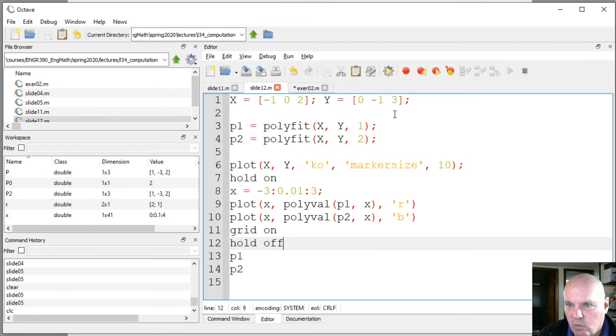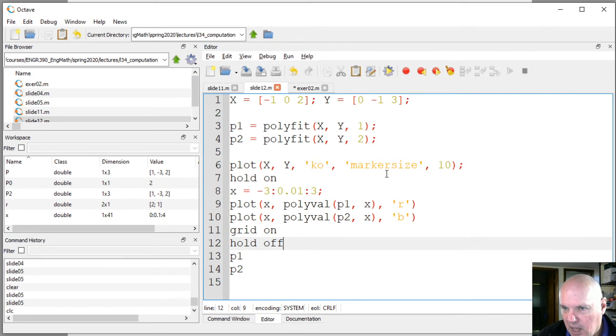So same x and y that's on the slide. And then I extended it a little bit. I found the best first order polynomial, and a first order polynomial is going to be a straight line. So this is going to be the best fit line or the regression line that best fits our xy data. And then P2 corresponds to the best fitting second order polynomial.